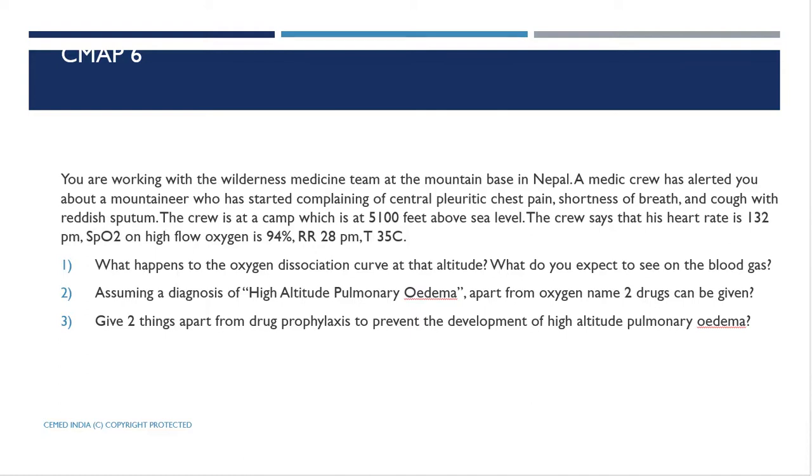What happens to the oxygen dissociation curve at high altitude, and what do you expect to see on the blood gas? So when you're climbing high on the mountain, you are going to breathe faster, so you will be hyperventilating initially until you get acclimatized completely. So hyperventilation leading to respiratory alkalosis, absolutely right.